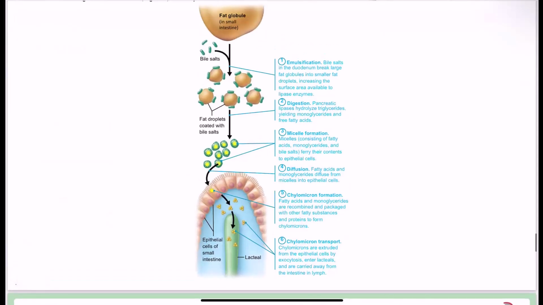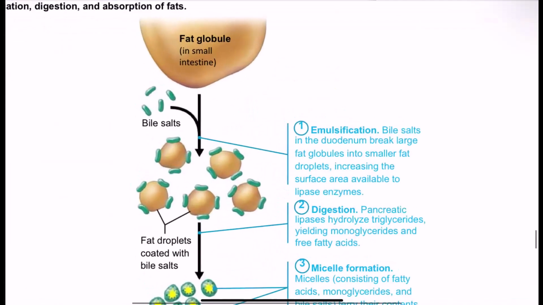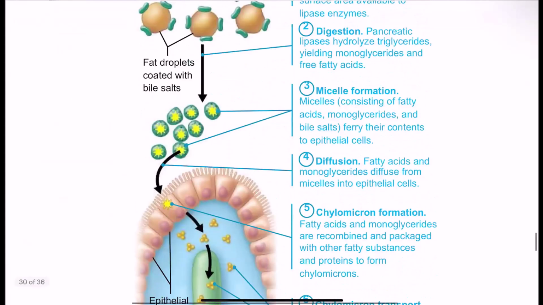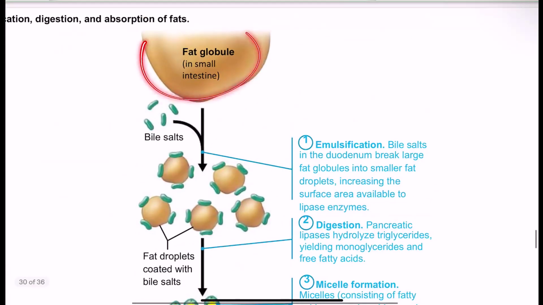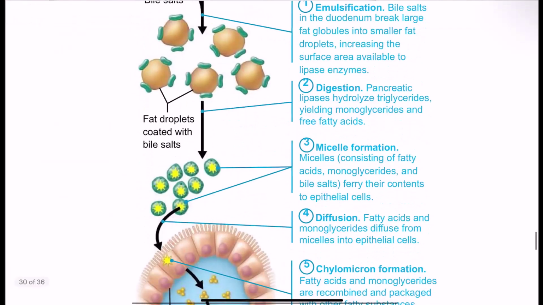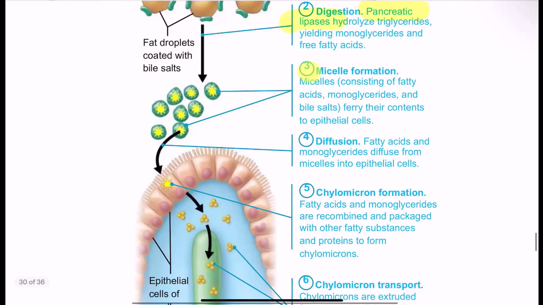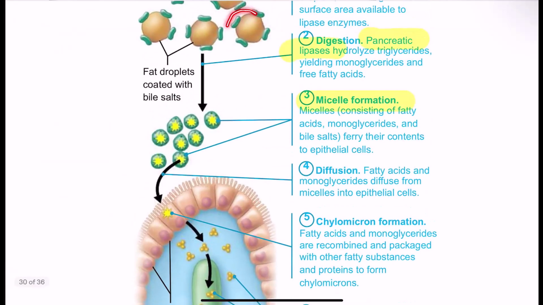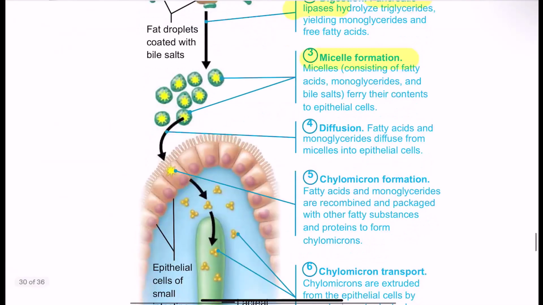So here's a summary of what we just discussed. So we have this little blob of fat, the bile salts emulsify, and then we digest with the pancreatic lipases. There's the emulsification step, pancreatic lipases, and then we form micelles. So notice that those fat droplets get even smaller with the formation of micelles.